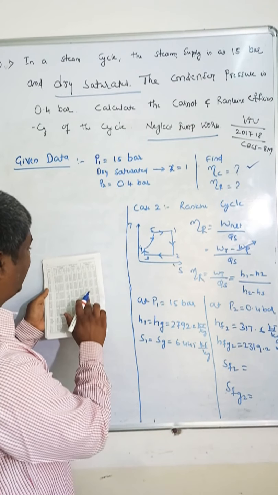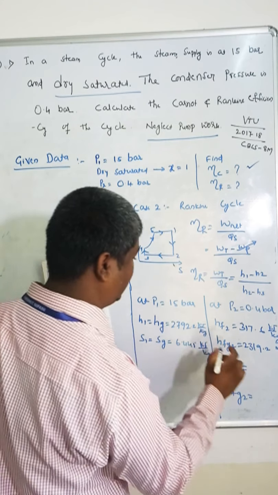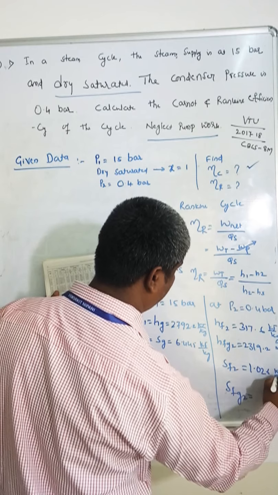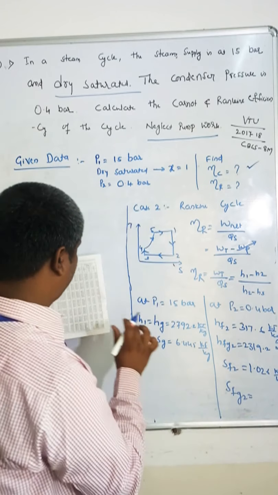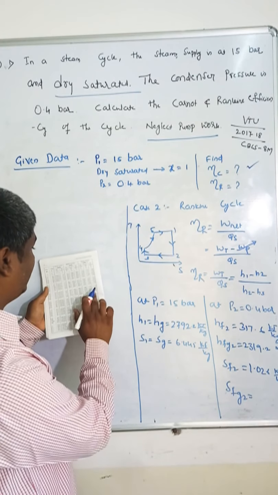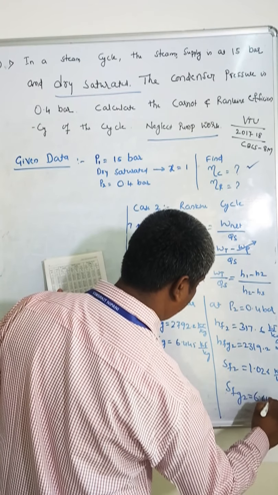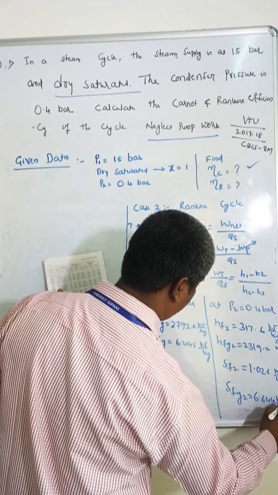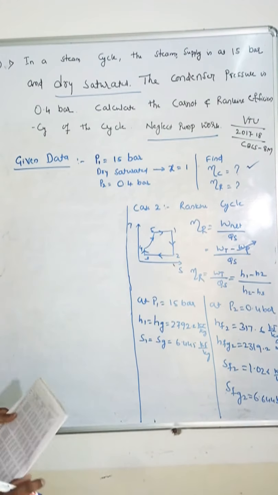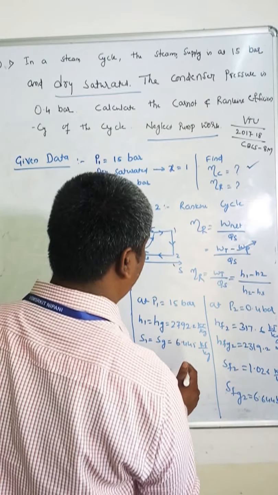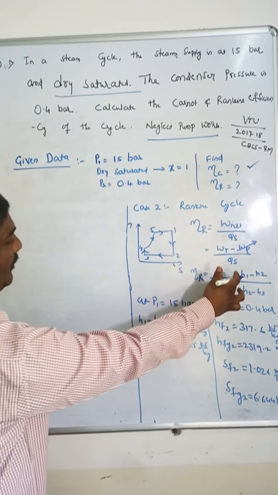Similarly, you should find out SF2, 1.026, and SFG2, 6.644 kilojoules per kg. So these are the details which we got.